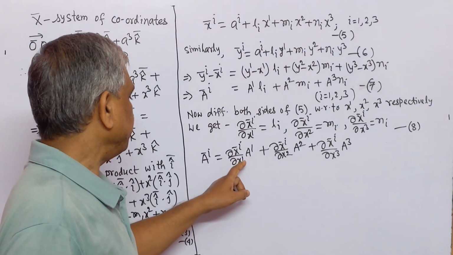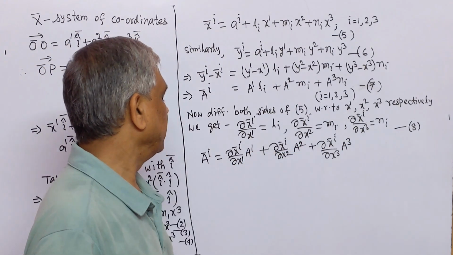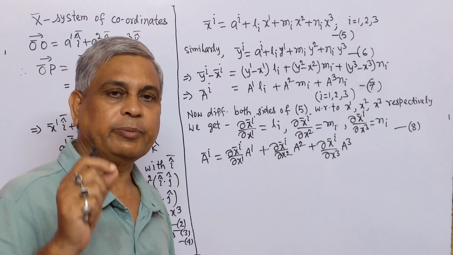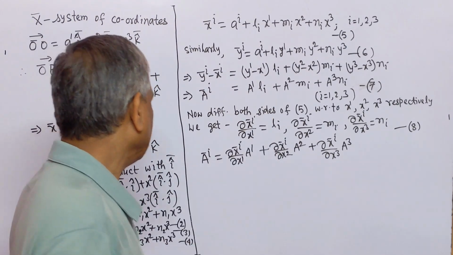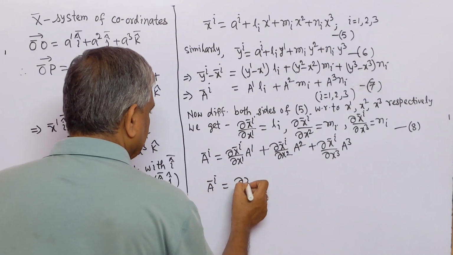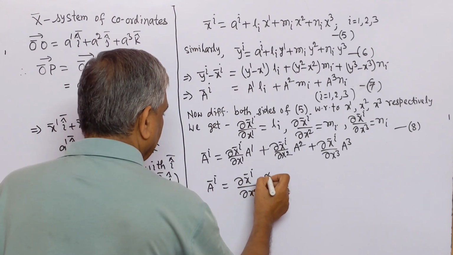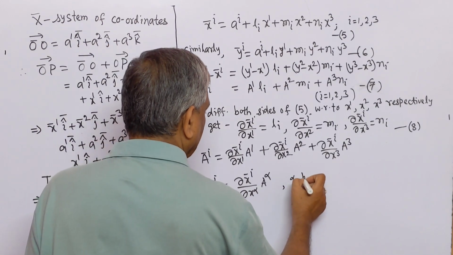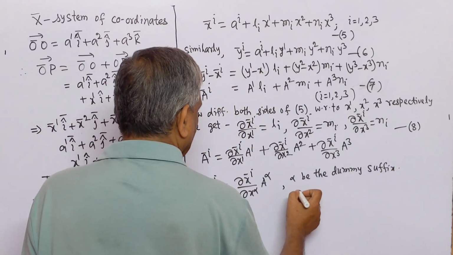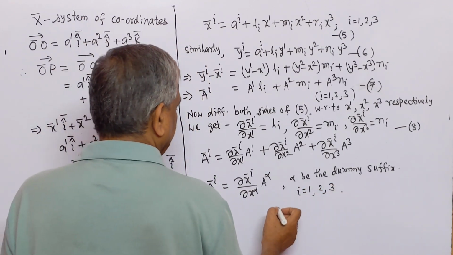Here we see that the suffix 1 1, here 2 2, here 3 3. So we may use the concept of Einstein summation convention, that is dummy suffix. So we write a bar i equal to del x bar i by del x alpha, a alpha, alpha being the dummy suffix, and i equal to 1, 2, 3.